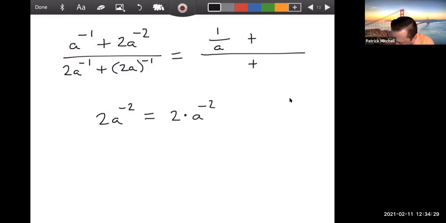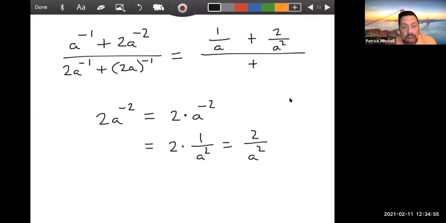And then remember that a to the negative 2 means 1 over a squared. All right, so for that reason, 2a to the negative 2 means 2 over a squared. Okay, so that's going to go here.